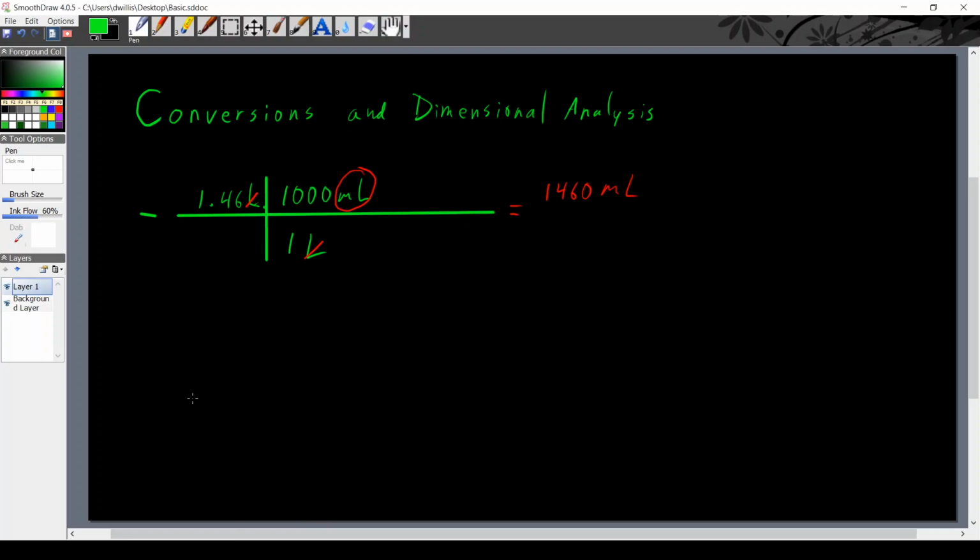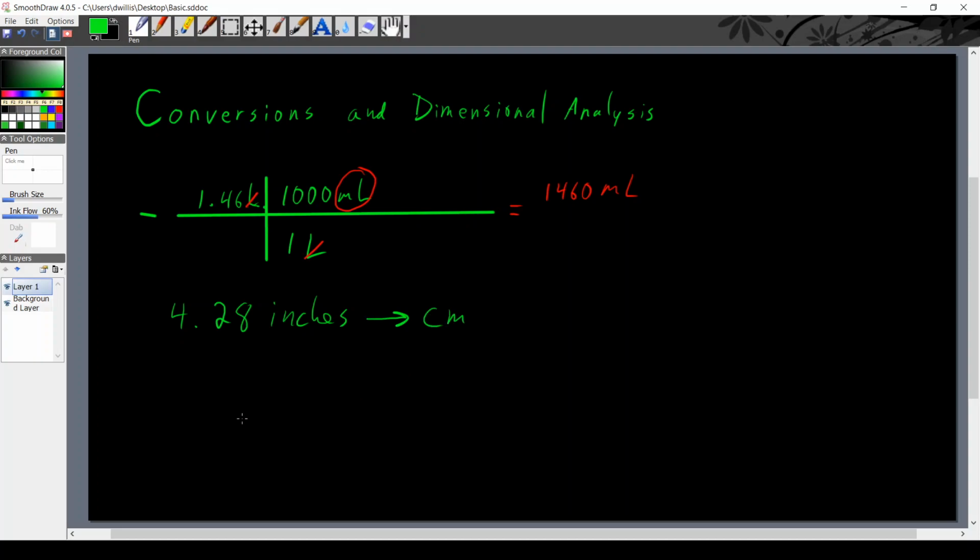Let's take a look at how we would do that. Let's say that I measure something and it turns out to be 4.28 inches, but I need to convert that into centimeters.